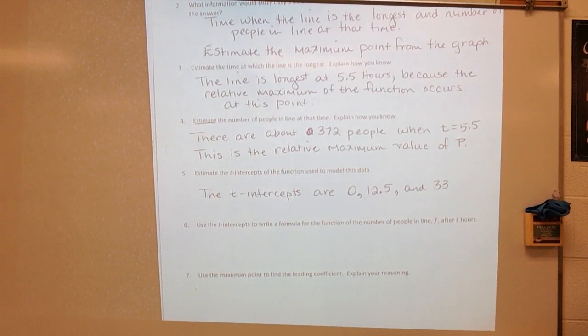Use the t-intercepts to write a formula for the function of the number of people in line, f, after t hours. Alright? So they want to know what's going to happen here. So writing a formula for that function, let's think about this for just a second. We know that our t-intercepts are where I would get a 0 function.